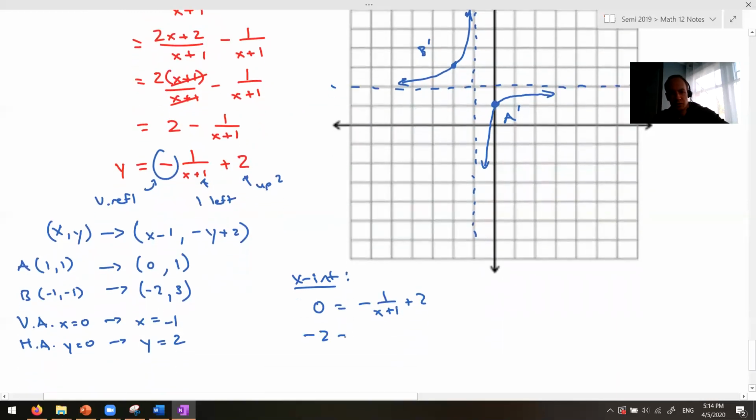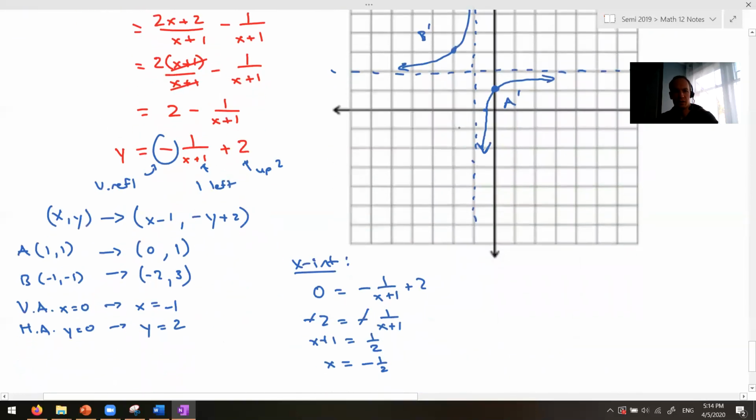We're going to move 2 to the other side, get rid of those negative signs, and do the old switcheroo, so x plus 1 is equal to 1 over 2. Subtract 1 from both sides, so x is equal to negative 1/2. I didn't quite get that perfect, so maybe I'll move that point over just a touch. There we go.